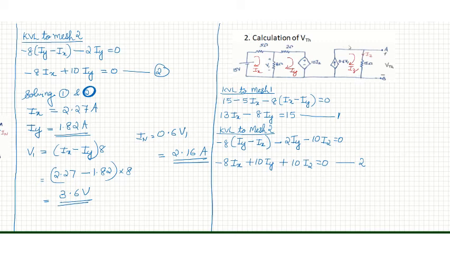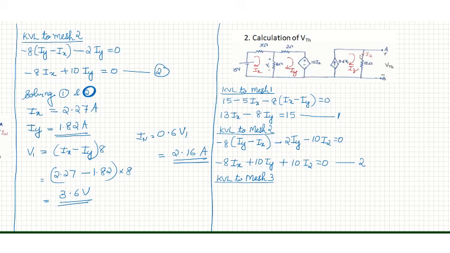Next is to apply KVL to the third mesh. It is clear that this current 0.6 V1 is the same as I2. The entire current will flow through this path. This current is marked as I2.